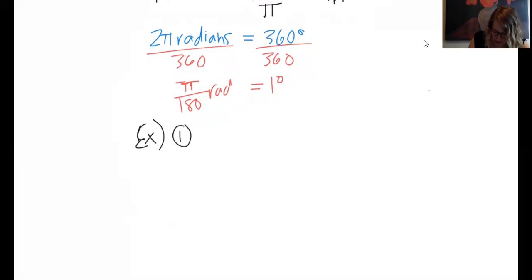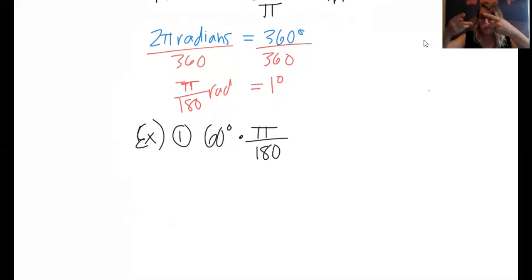If I have 60 degrees, I'm going to do some of the common ones. So if I have 60 degrees and I want to change that into radians, I'm going to do this in more than one way. So one way would be to use the unit conversion way. I'm going to multiply by pi over 180. And the reason I know I need to do that instead of the other way around, 180 over pi, is that the 180 is the degrees. I want my degrees to cancel out.